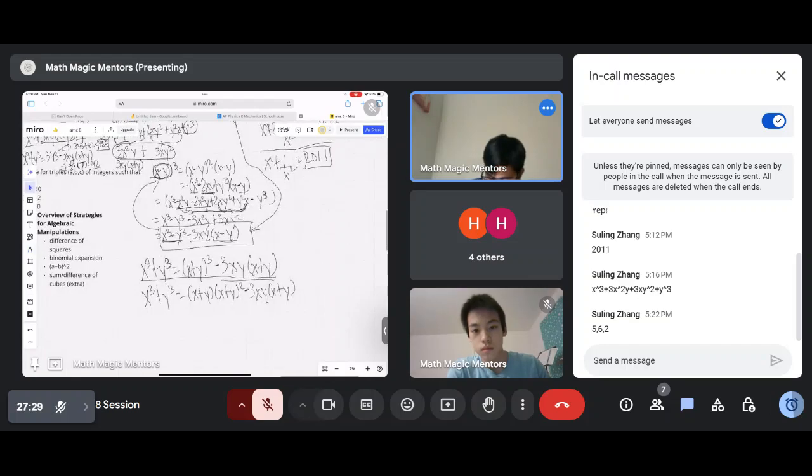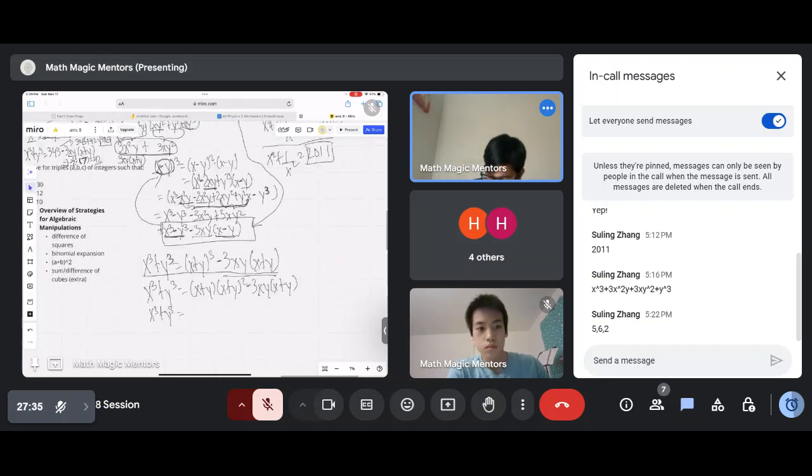And so x cubed plus y cubed is going to be x plus y. So we can factor out the x plus y from both, and we see that that's x plus y squared, which is x squared plus 2xy, and then the minus 3xy from the second term.